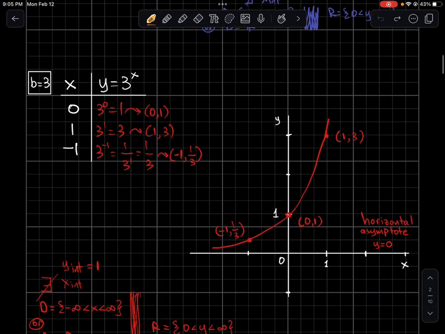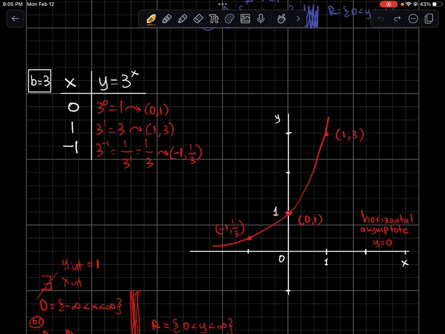I do something similar for the exponential parent function that corresponds to base 3. It's going to be equal to 3 to the x. Now I can go a little faster. The inputs are 0, 1, negative 1, as always for all exponential parent functions. The first step is easy. I just rewrite the rule, but for x I put 0, 1, negative 1.